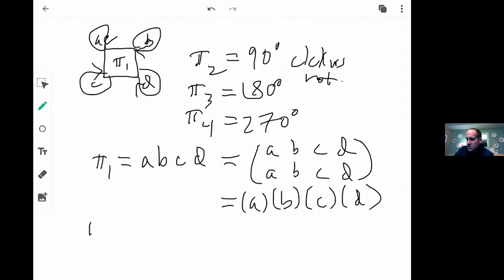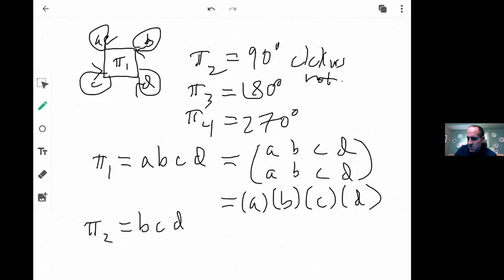Okay, what about pi 2? That's a little bit more interesting. I'm not even going to draw the picture because I want to think through this. Where is A going to go? Well, to B. B goes to C, C goes to D, and D goes to A. Well, hang on a second.